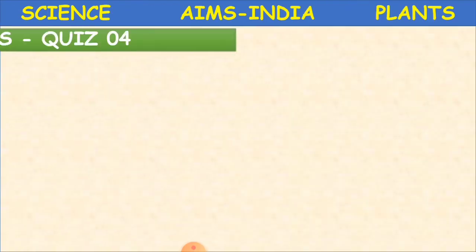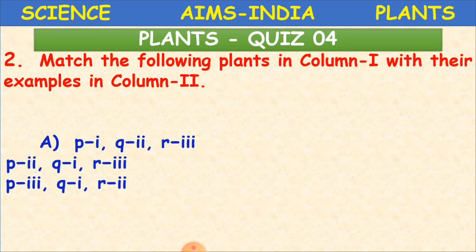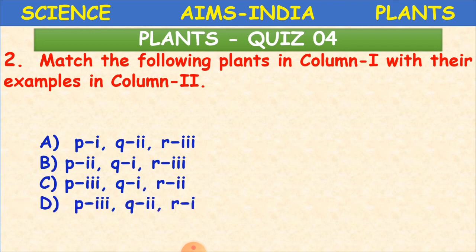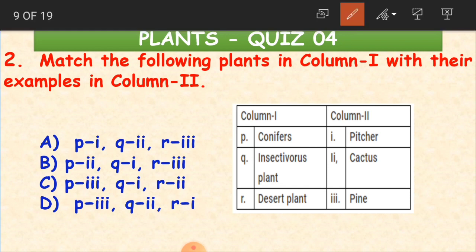Now, able to follow? Match the following plants in column 1 with their examples in column 2. Here we have to match the correct pairs. The first one, P is conifers, Q is insectivorous plant, R is desert plant. How do we match?